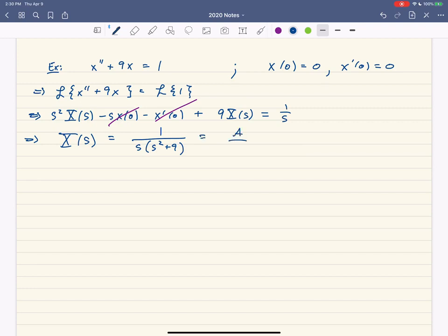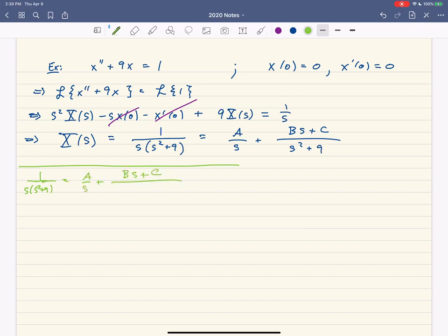So we can write this in the form A over s plus Bs plus C over s squared plus 9. As a review of partial fractions, let's do this together, but off to the side. If I have 1 over s times s squared plus 9, how do we find the values of A, B, and C so that we can write it in a partial fraction decomposition?